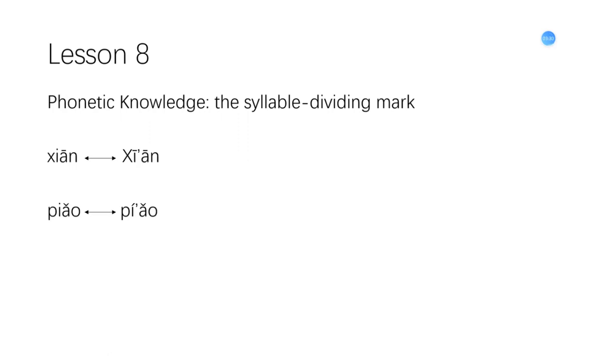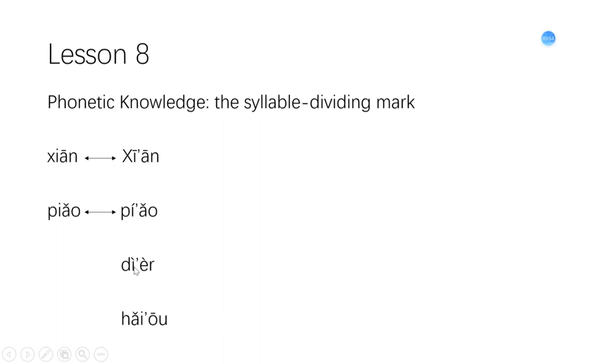And also, please see some other two examples. Try to pronounce this one. Here the first syllable is di and er, so di er, and this one is hai o. Let's read again: di er and hai o.